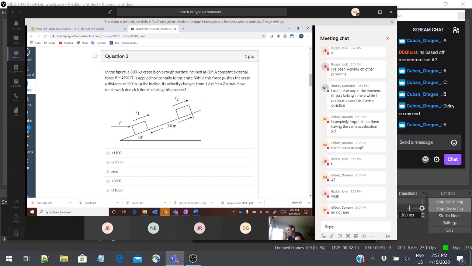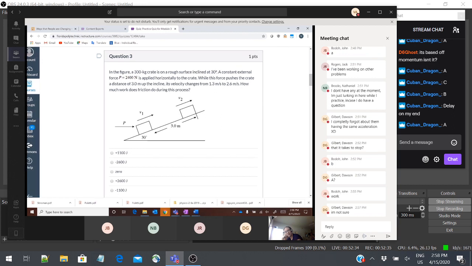Okay. So we want to find out how much work friction does. And the information we have is some stuff about the other forces and the speed of it as it goes from one point to another. So let me ask you a what if question. If there were no friction, would this 2.6 meters per second be the same?